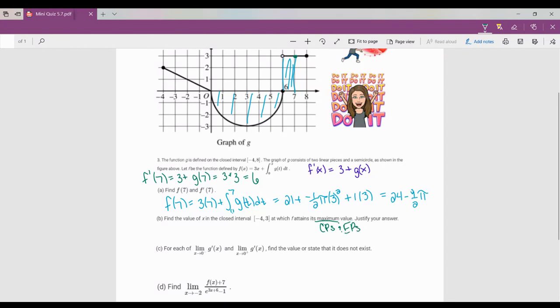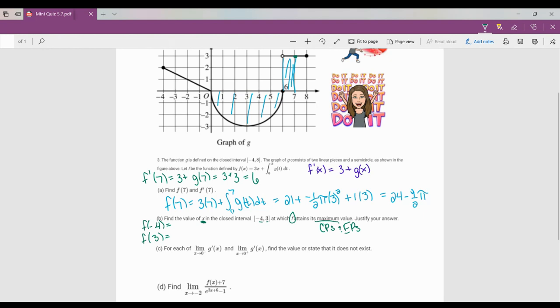But this time, instead of my y value being my answer, they're asking for the x value that gives me the maximum y value. In this case, my EPs are -4 and 3. So since this is asking about f, I want to know what f of -4 and f of 3 equal.